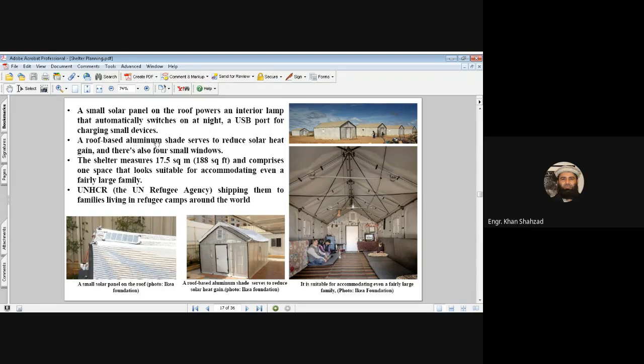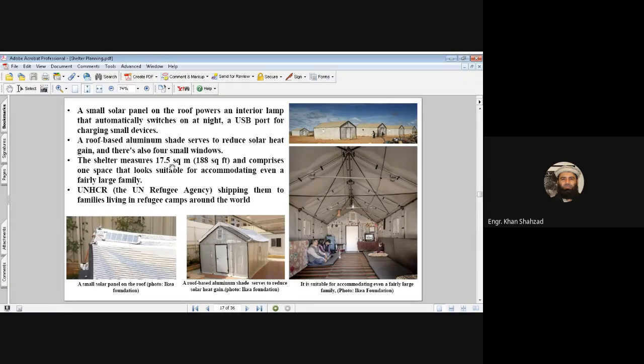A roof-based aluminum shade serves to reduce solar heat gain, and there are also 4 small windows. So it can work like an insulator. On the top of that, we can provide this aluminum shade as well.